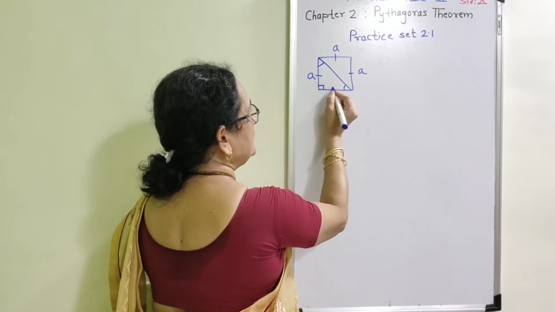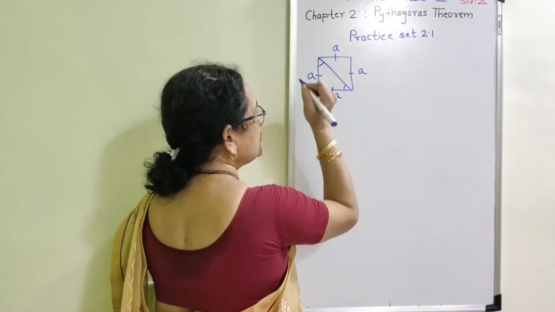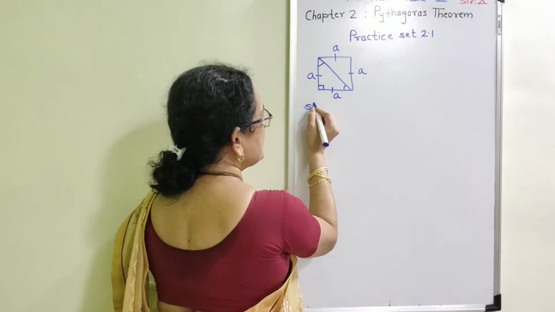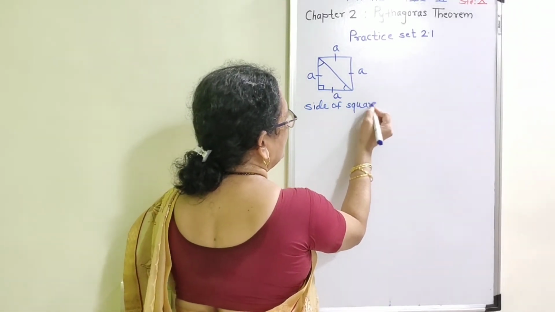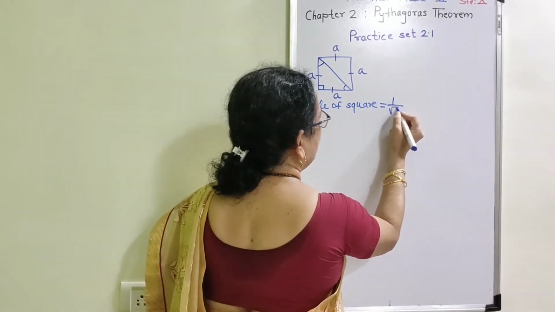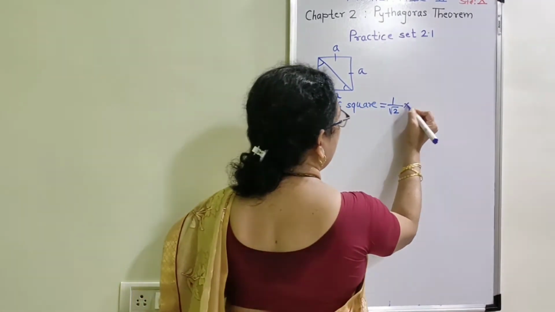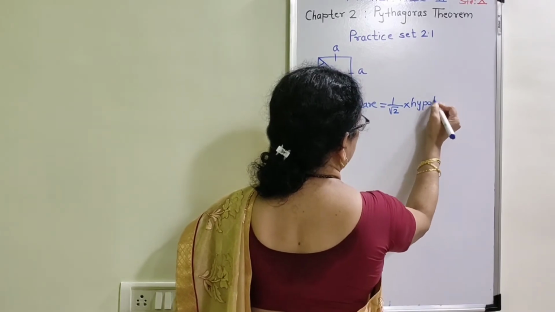I know that when the triangle is an isosceles triangle, side of square is equal to 1 upon root 2 into hypotenuse.